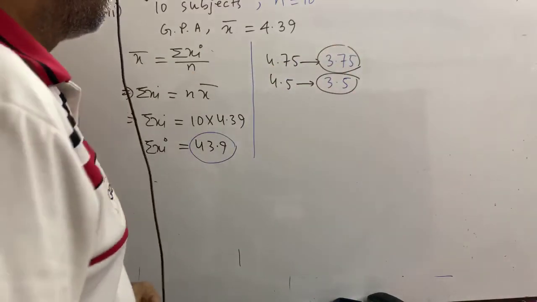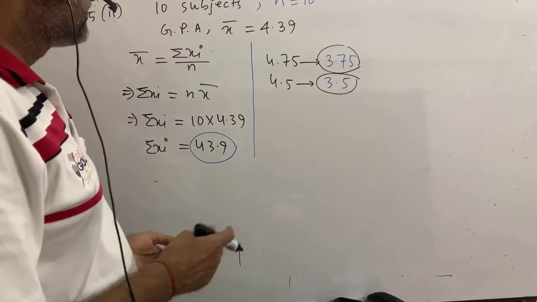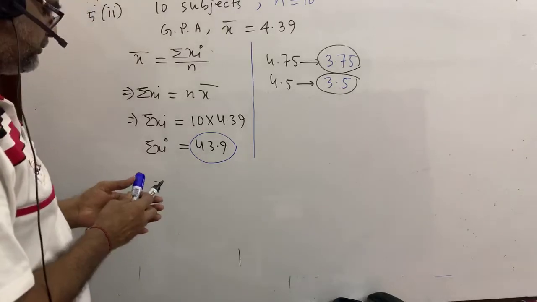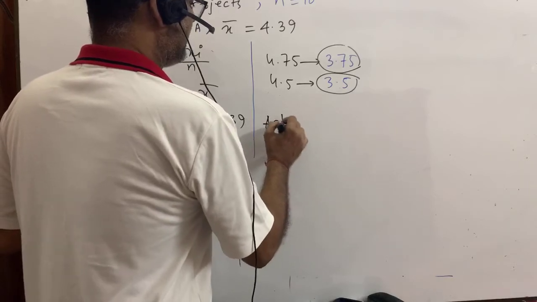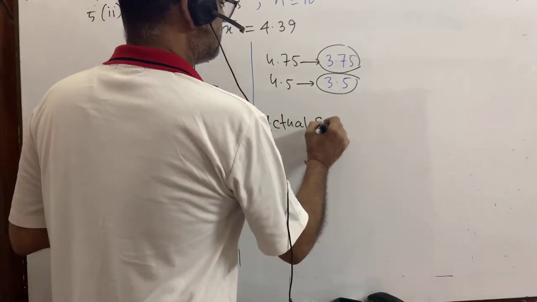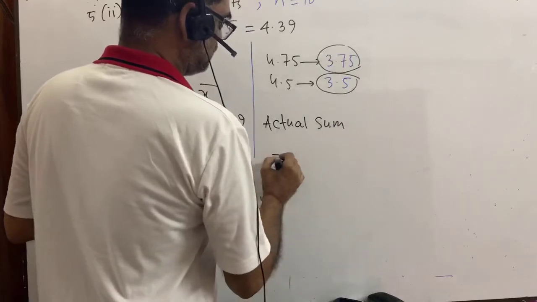Now I can write, therefore the actual sum, you write down the actual sum would be what?